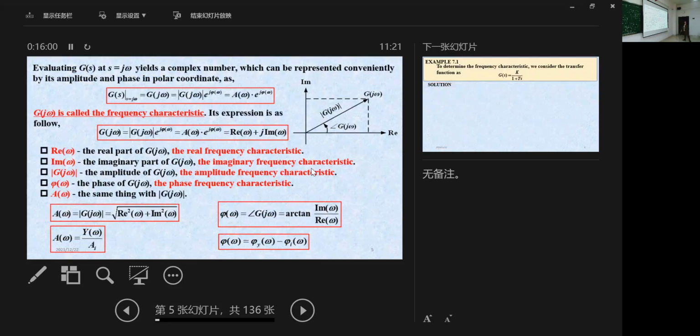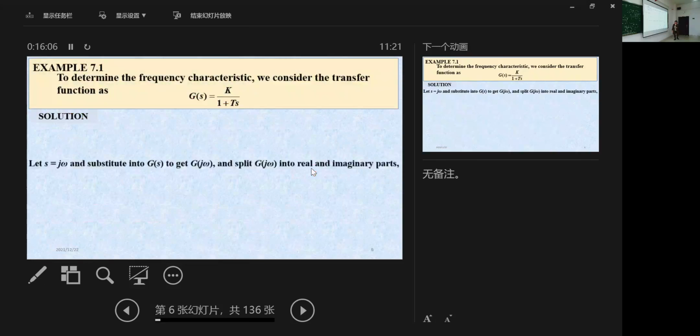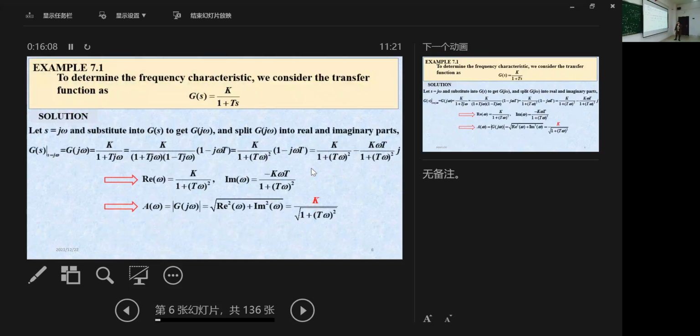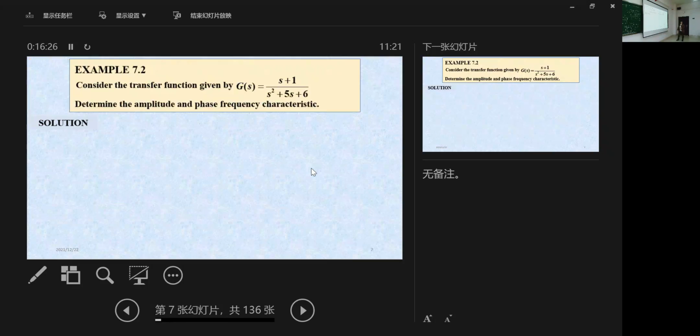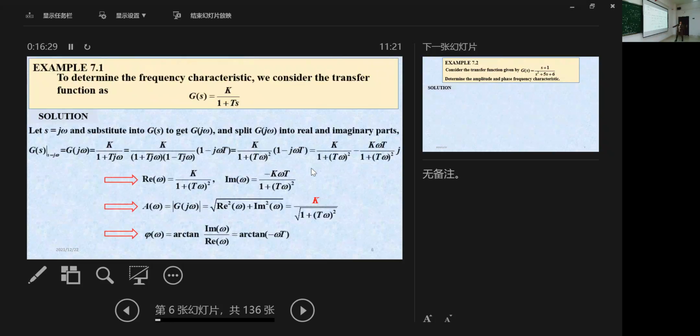So the phase is arctangent of imaginary over real, so we get this over this. This still has minus omega T here. So we have the frequency characteristic already, and we get the amplitude and phase.